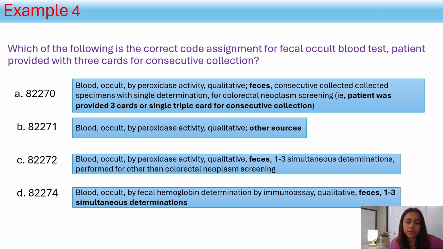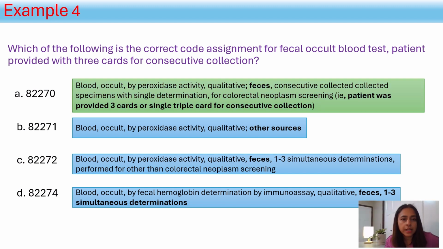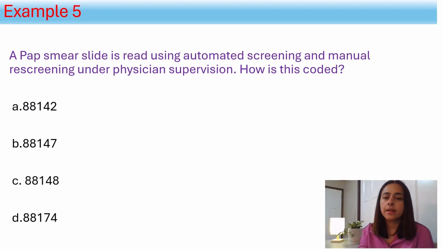This doesn't match our question. So our answer is option A. Blood occult by peroxidase activity, qualitative, feces, consecutive collected specimens with single determination. For colorectal neoplasm screening, patient was provided 3 cards or single triple card for consecutive collection. So option A is the answer.